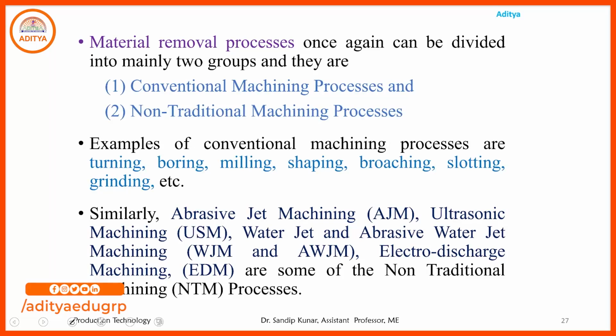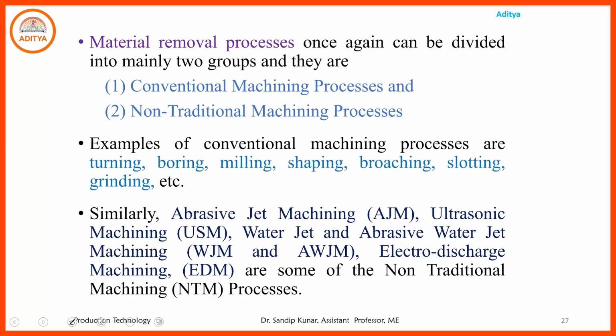We divide them into two types: one is conventional machining process, another is advanced machining process. Examples of conventional machining process: drilling, boring, milling, shaping, broaching, slotting, grinding.